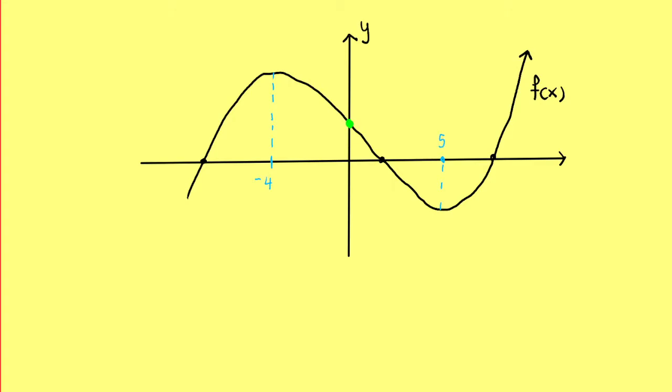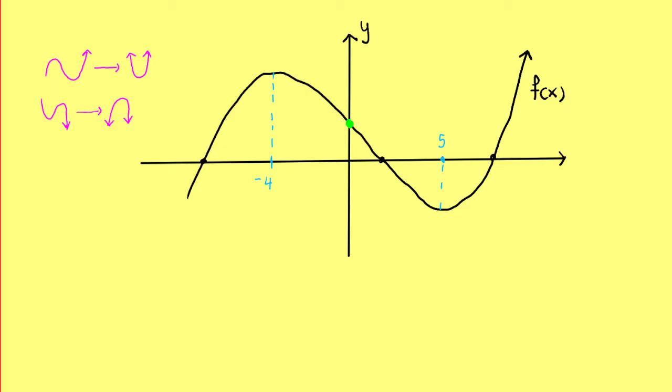Now remember the rules. If you have an increasing cubic, then the derivative of the cubic will be a smiley face. And if you have a decreasing cubic, the derivative of the cubic will be a frowny face.